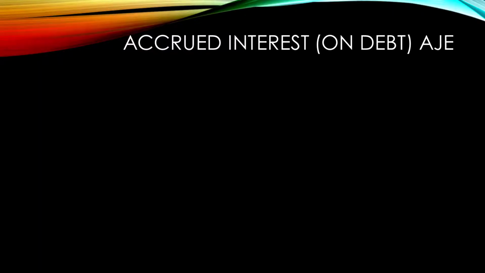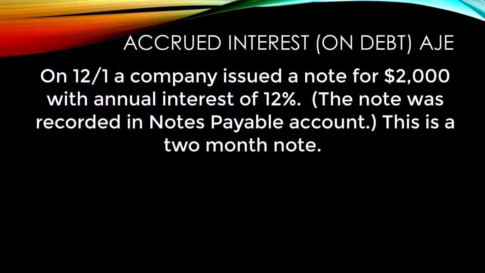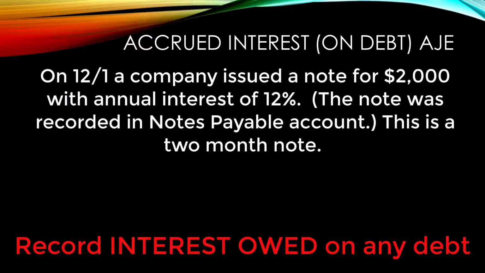Because GAAP says we need to record expenses when incurred and not necessarily when paid, anytime we have debt on the books, this may lead to accrued interest. That means as of the end of the fiscal year, in this case 12/31, we need to accrue any interest that is owed.